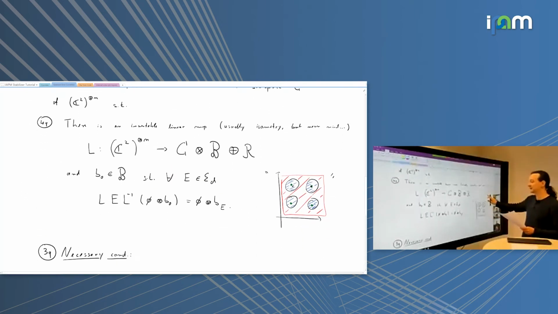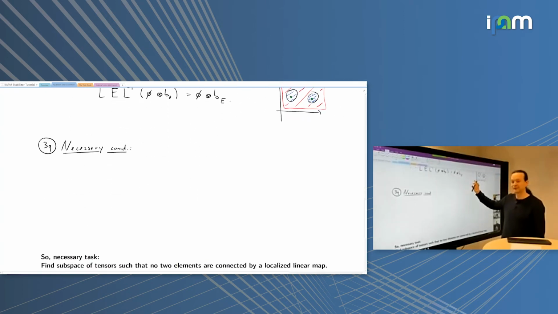So I conceded up front that this might be a bit heavy to digest. It's not difficult per se, but it involves all these for-all quantifiers, existence quantifiers, and so on. So I will give you a necessary condition for a quantum code that is easier to wrap your head around if you've never heard about any of this.